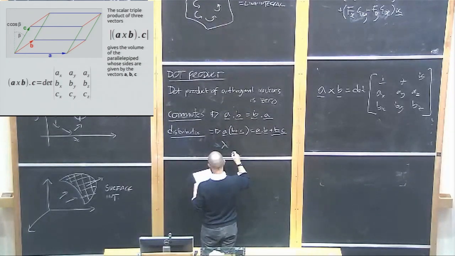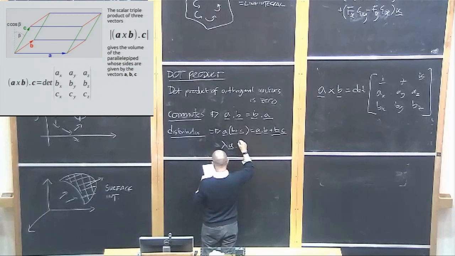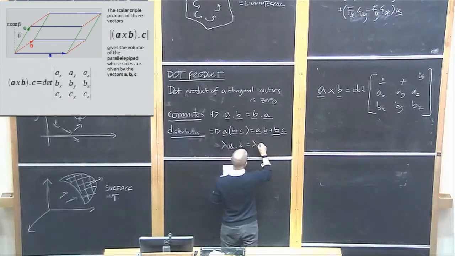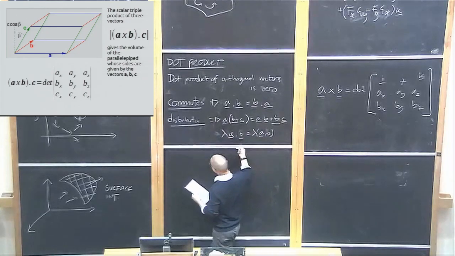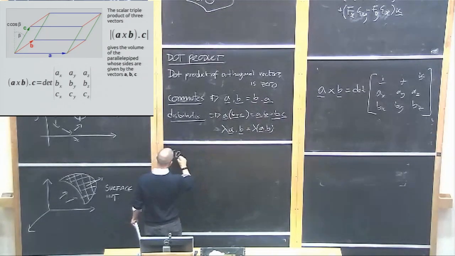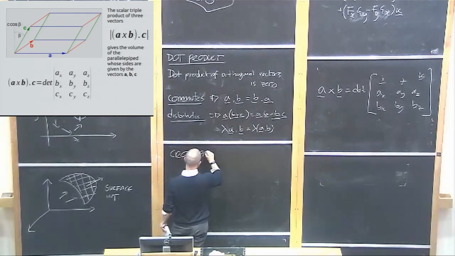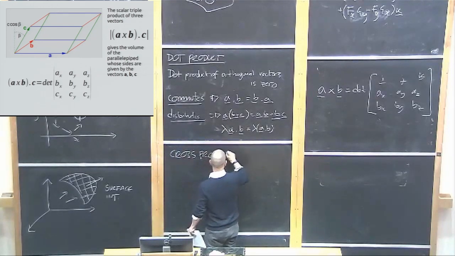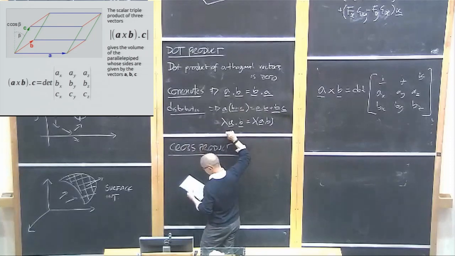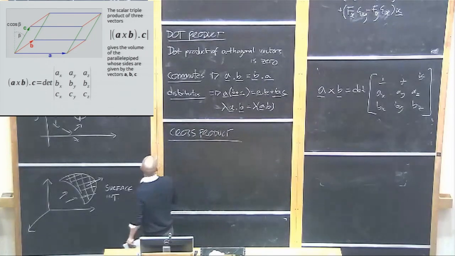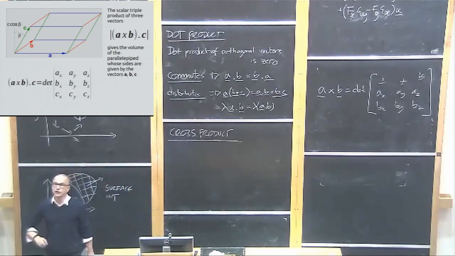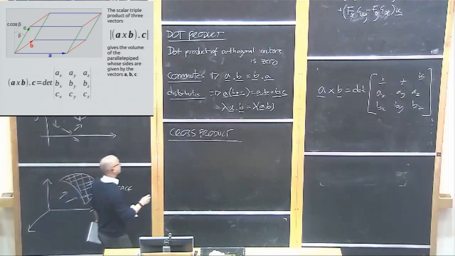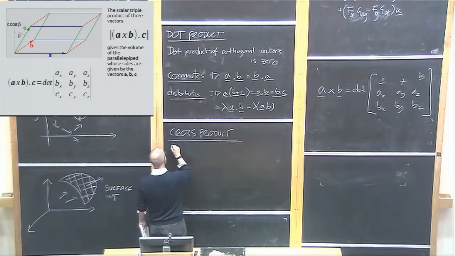So for example, lambda A dot B equals lambda times (A dot B). So the cross product, as you know, of parallel vectors is 0. So the scalar product of orthogonal vectors is 0, and in the case of the cross product, the cross product of parallel vectors is 0.